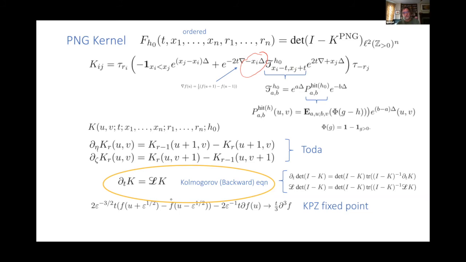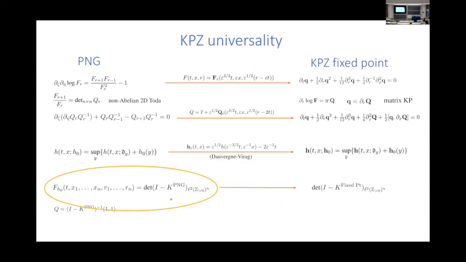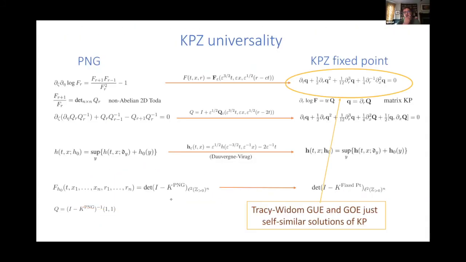The second question is, I think you said Tracy-Widom GUE is just some special self-similar solution of KP. So I think it's related to Professor O'Connell's talk.